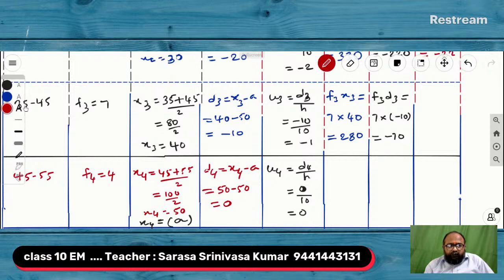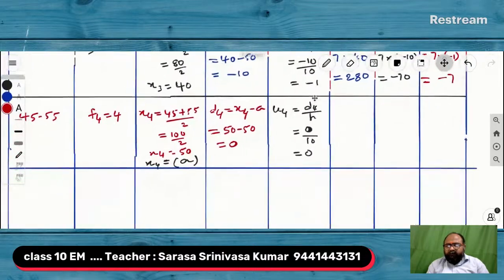Now we calculate F3 U3. F3 U3 is equal to F3 is 7 multiplied by U3 is minus 1. So we get minus 7.